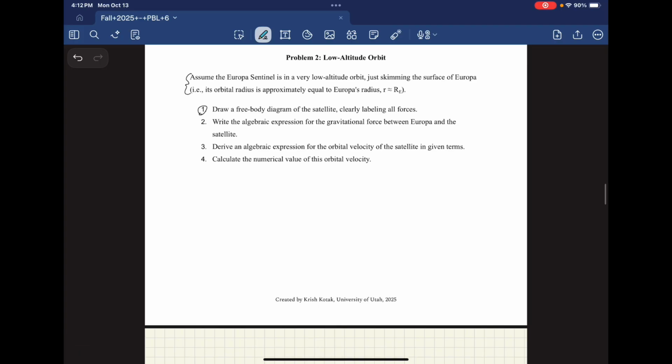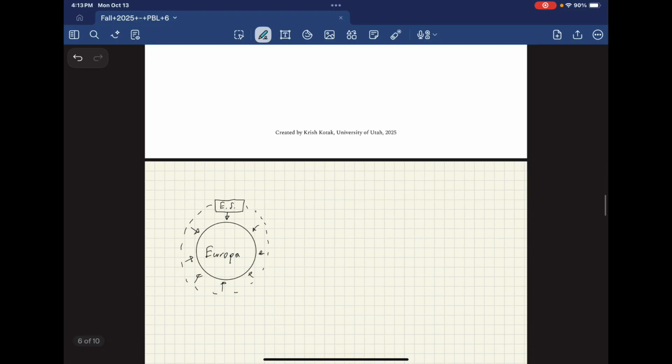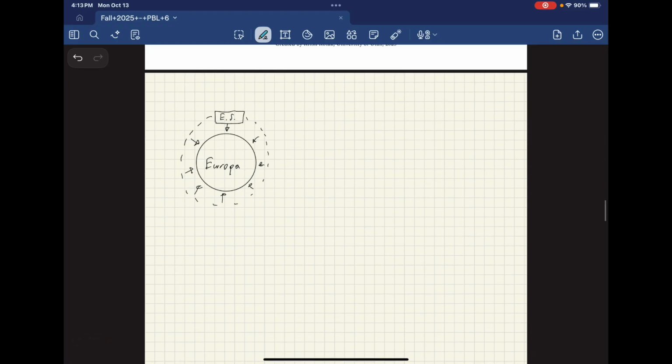So the next question asks us to write the algebraic expression for the gravitational force between Europa and the satellite. So gravitation, or the force of gravity, is given by the gravitational constant G times the mass of the first object, so we'll say mass of Europa, times the mass of the second object, so mass of the satellite, divided by the radius squared.